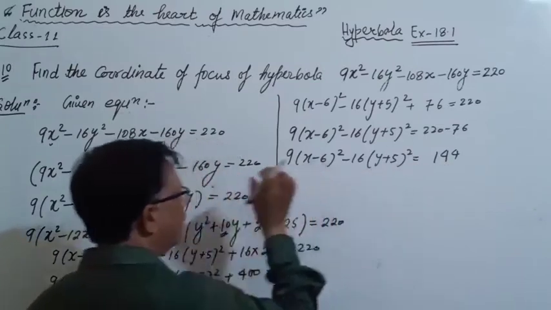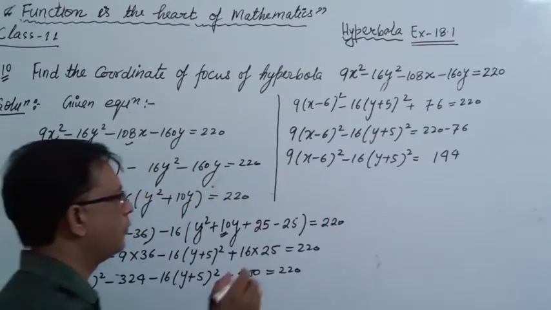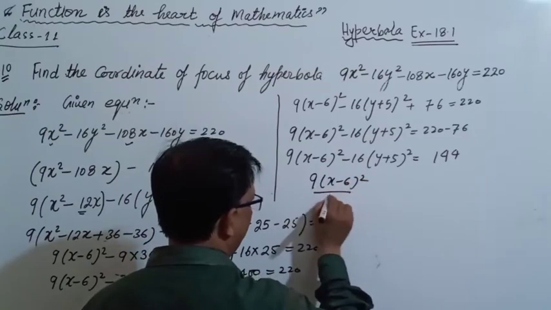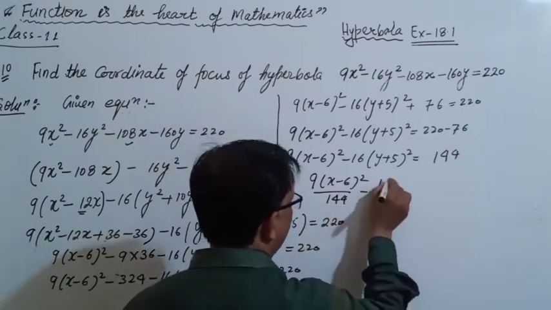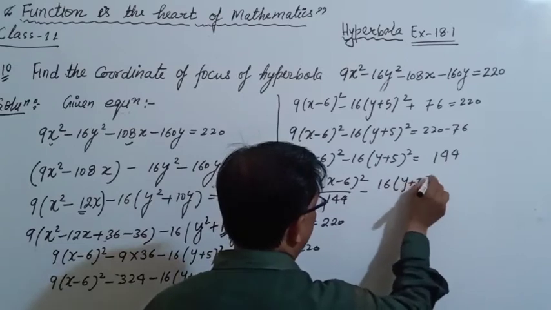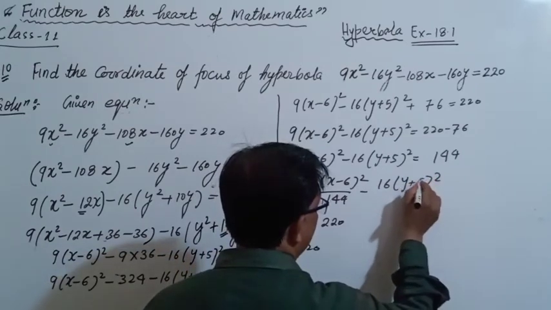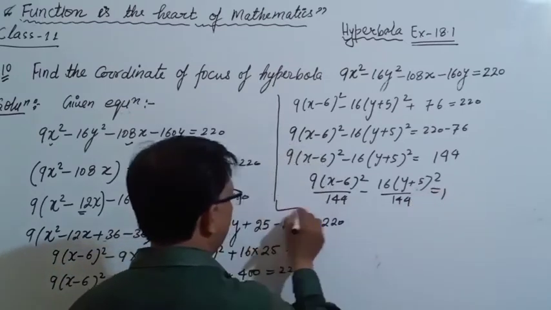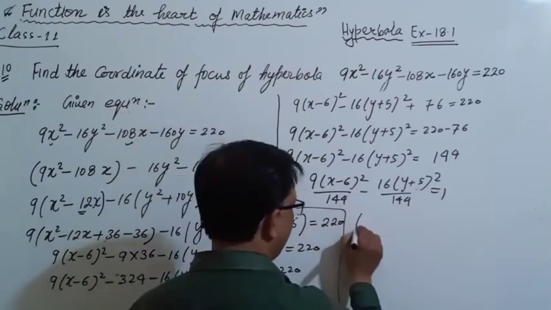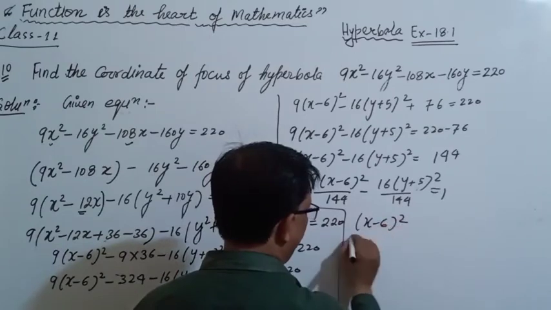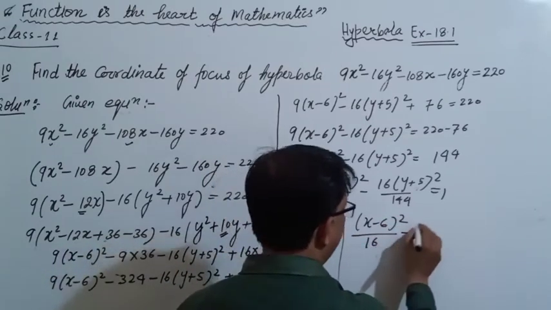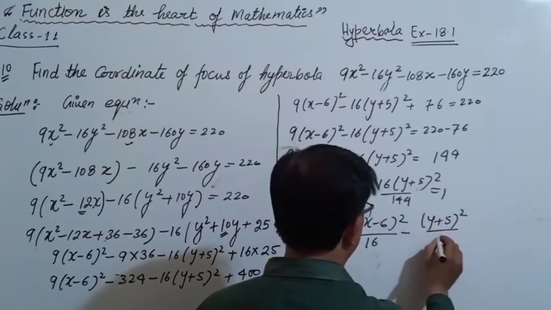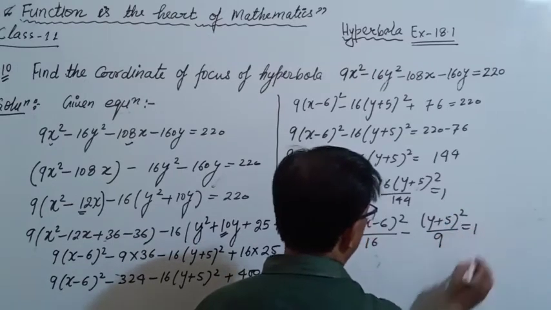Now we divide the whole equation by 144. So this is 9(x minus 6) whole square upon 144 minus 16(y plus 5) whole square upon 144 is equal to 1. So student, this becomes (x minus 6) whole square upon 16 minus (y plus 5) whole square upon 9 is equal to 1.